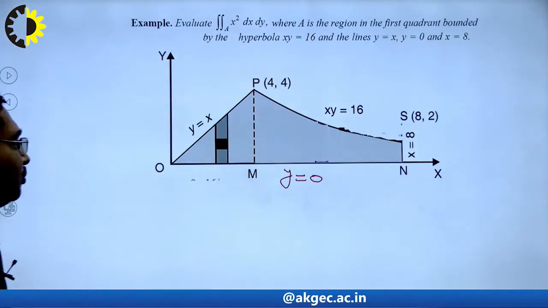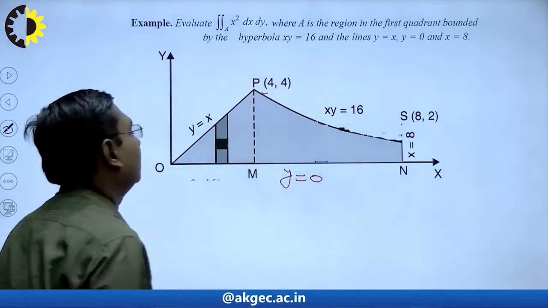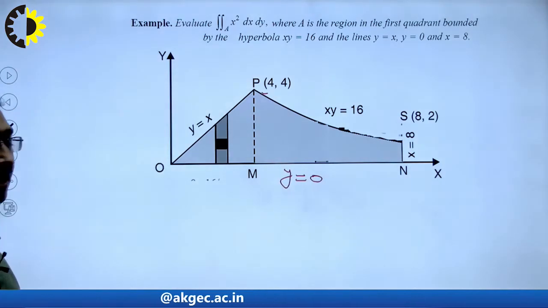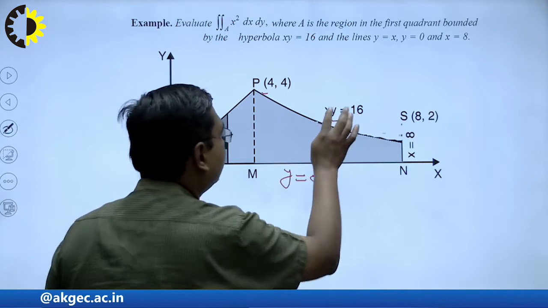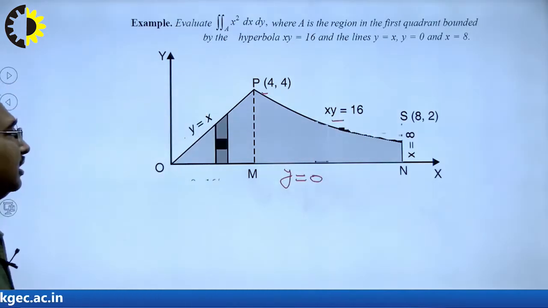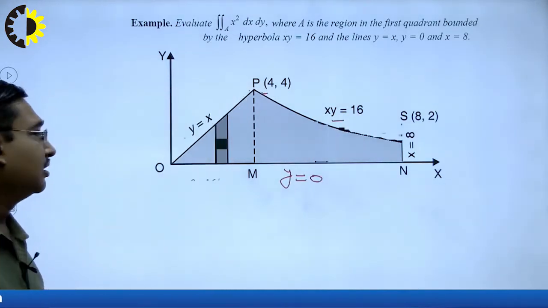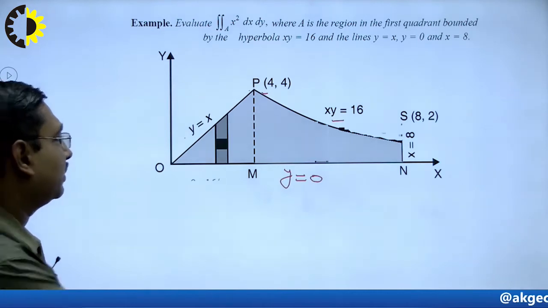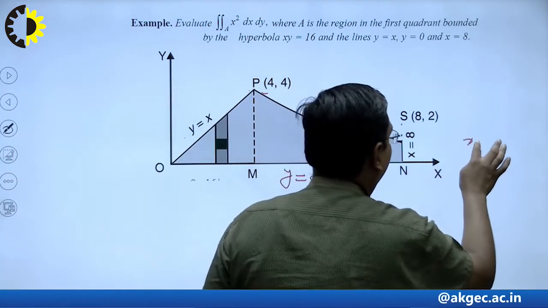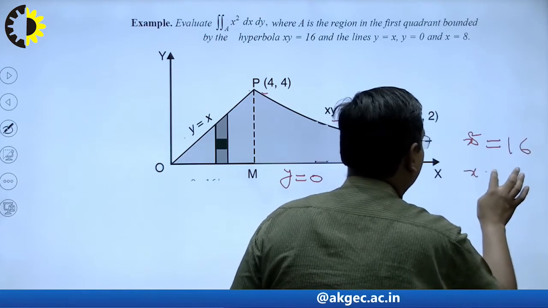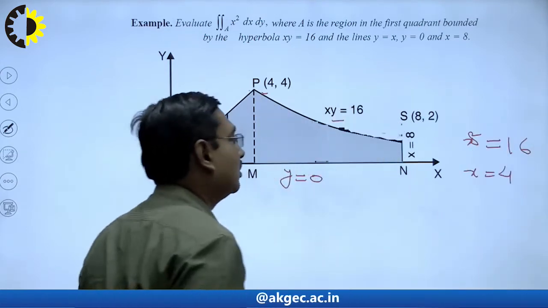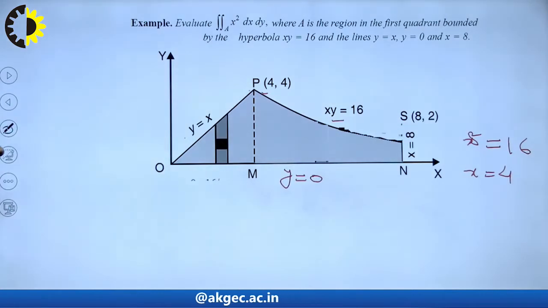Here we should note that this point is (4, 4), because if I substitute y equal to x in the equation of the hyperbola, I obtain x square equals 16, which gives x equal to 4, because x equal to minus 4 is not possible here.